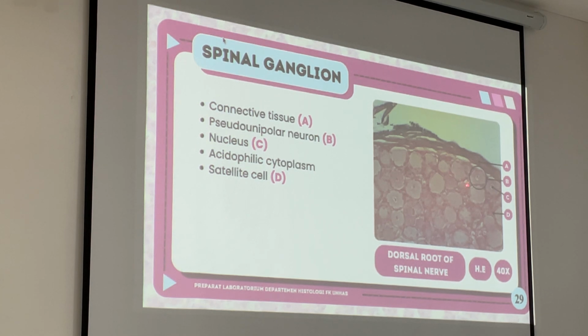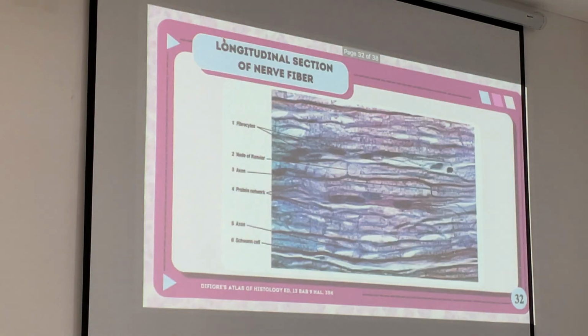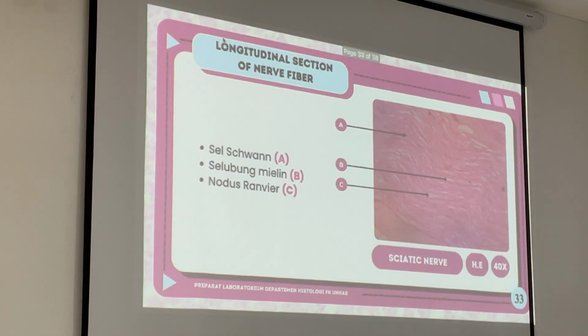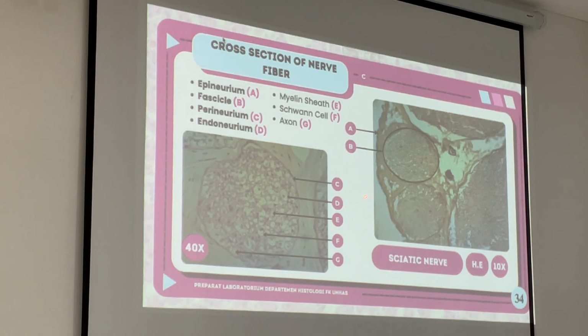If we point at the satellite cell, mention from where, spinal ganglion or sympathetic ganglion. In the nerve fiber, if we point at the myelin, this white thing here, the white myelin, please also mention from which section, longitudinal or cross-sectional.